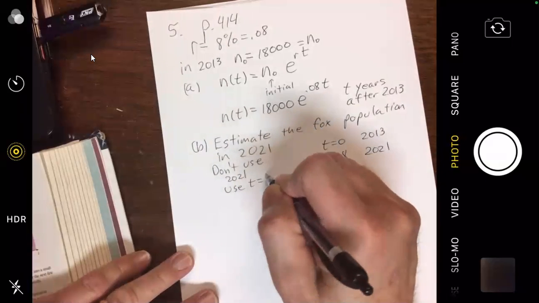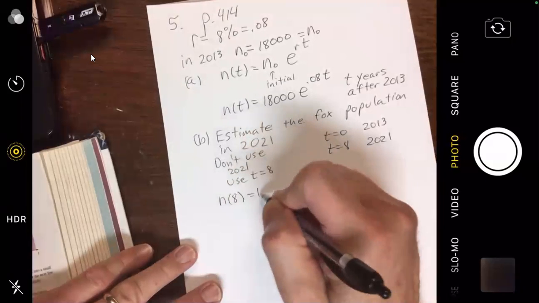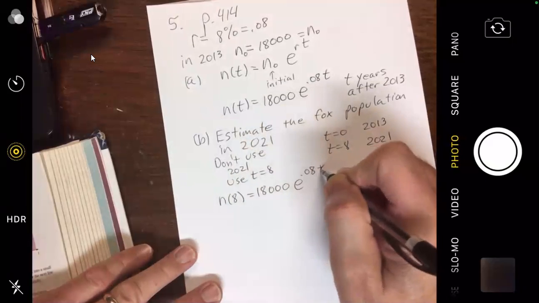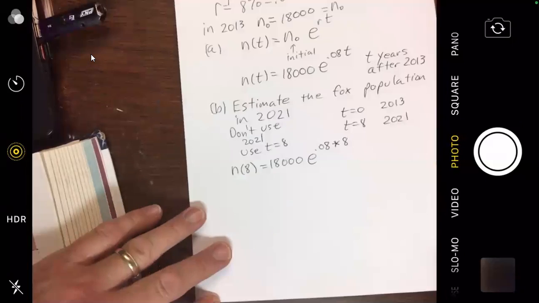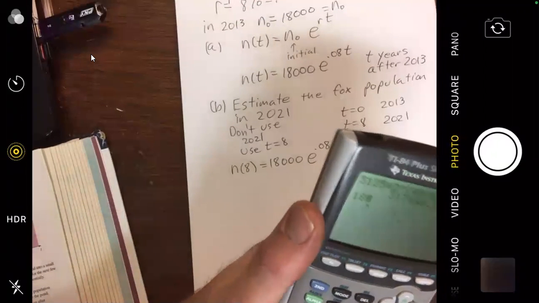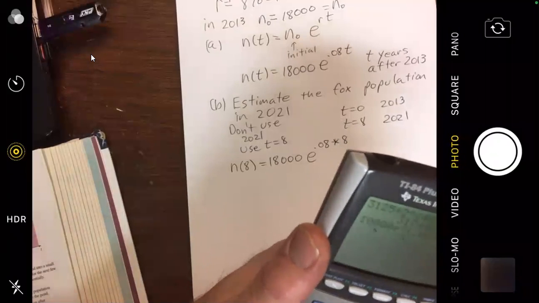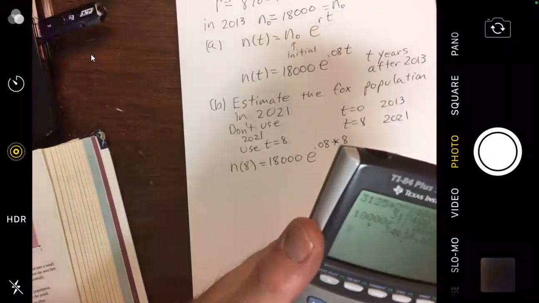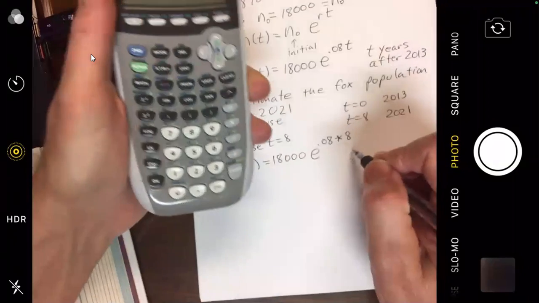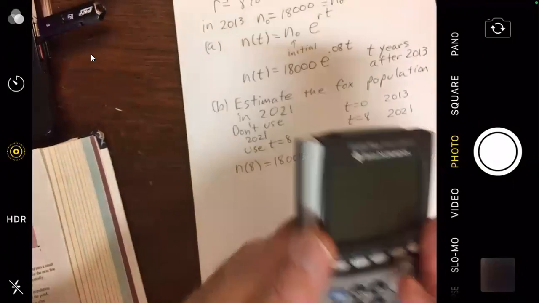Use t equal 8. So N of 8 is 18,000 e to the 0.08 times 8, which is 34,136. We just use whole numbers since you don't care about the decimal.